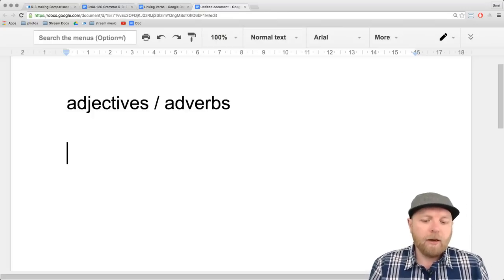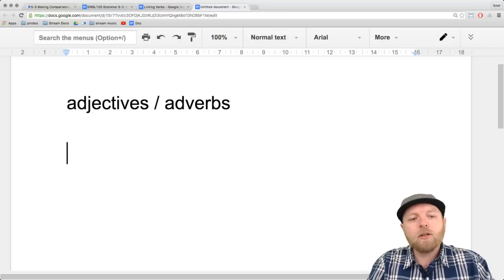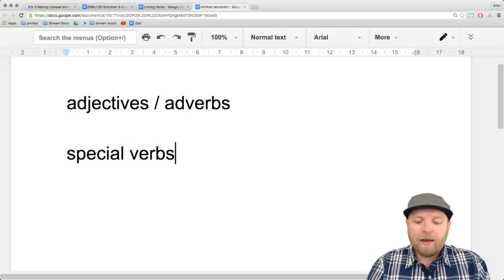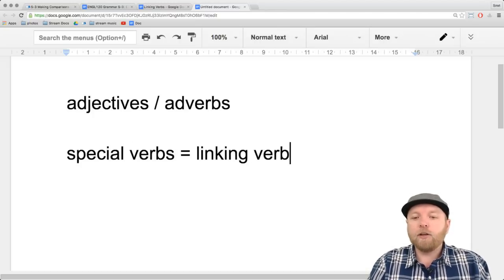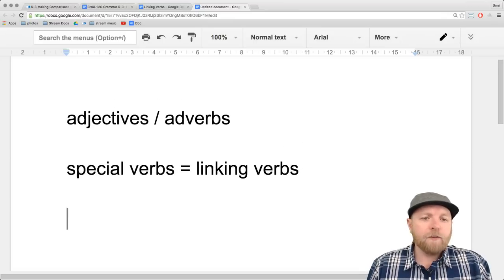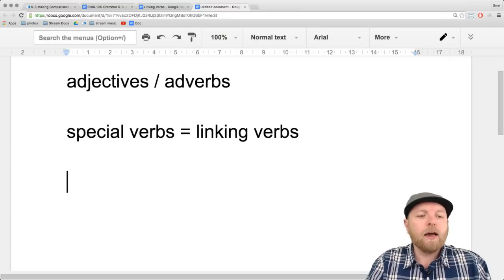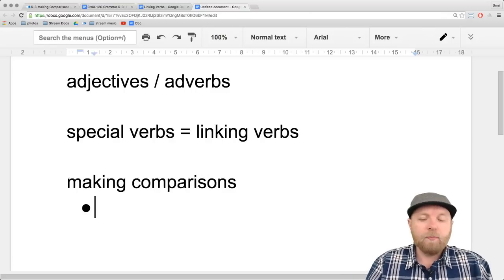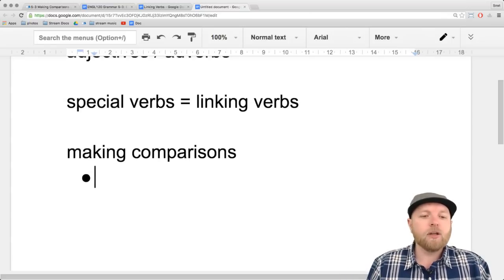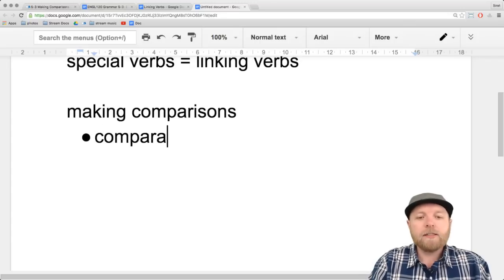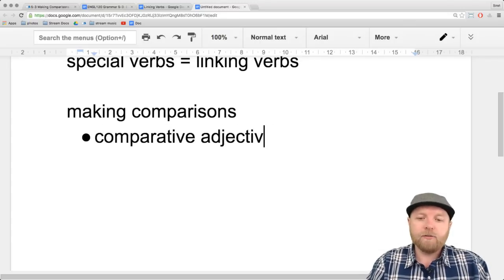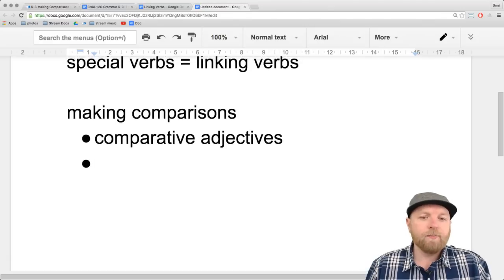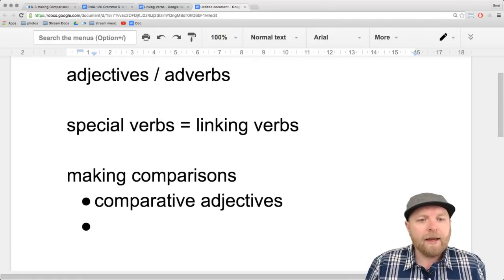So we're going to talk about that. We're going to talk about special verbs, and linking verbs. And then finally, we're going to talk about making comparisons, comparative adjectives. So let's get started.